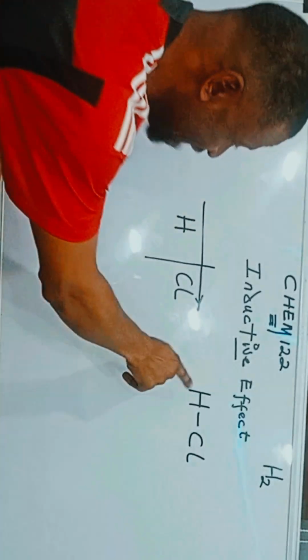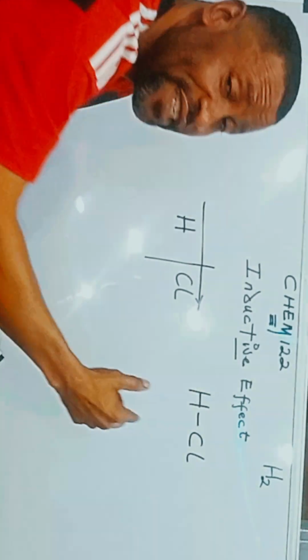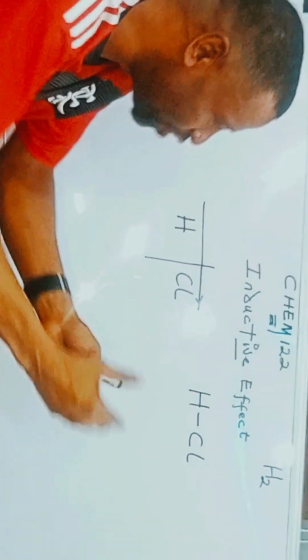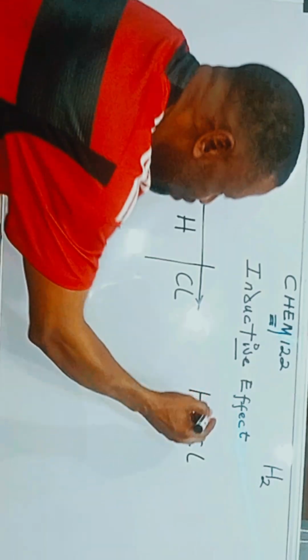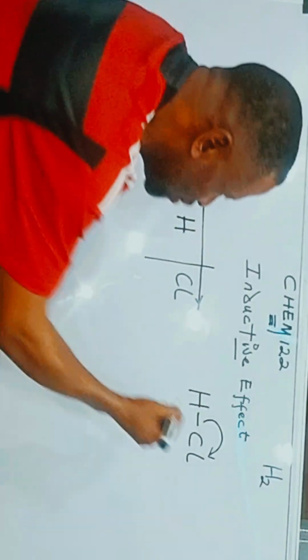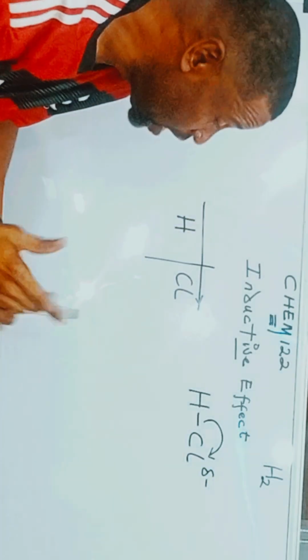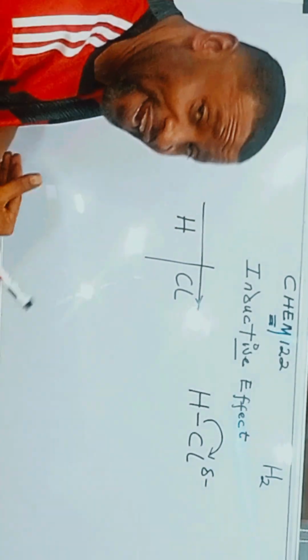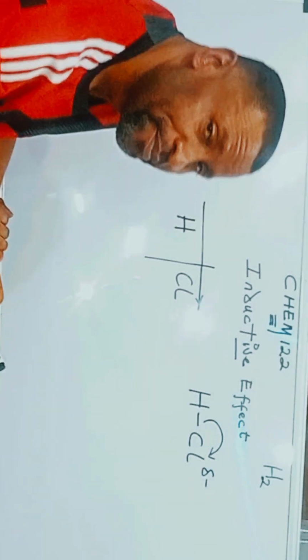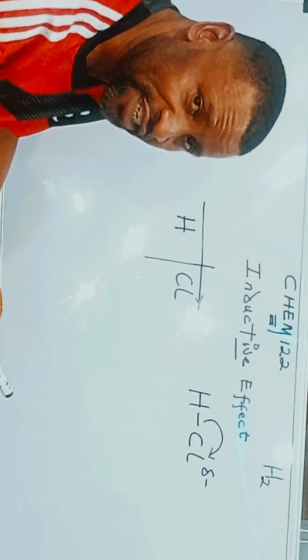So it means that when hydrogen and chlorine share electrons to form this bond, chlorine is going to receive a fair share of those electrons. The electron density here will be shifted towards chlorine, making it develop a partial negative character. Remember that whenever an atom gains an electron, it becomes negatively charged. But when an atom loses an electron, it becomes positively charged.